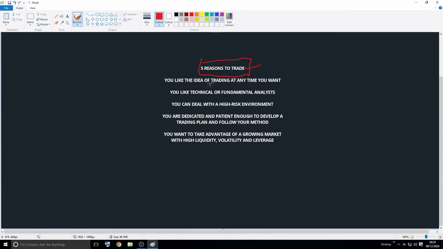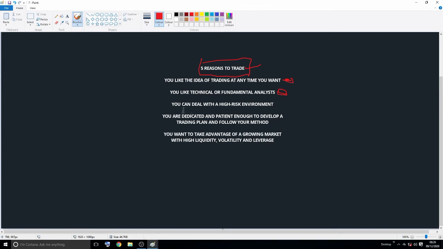If you like the idea of trading anytime you want, you like technical or fundamental analysis, so if you like working on the chart, analyzing and searching news about Forex, that's how you know that you are ready and you love trading.